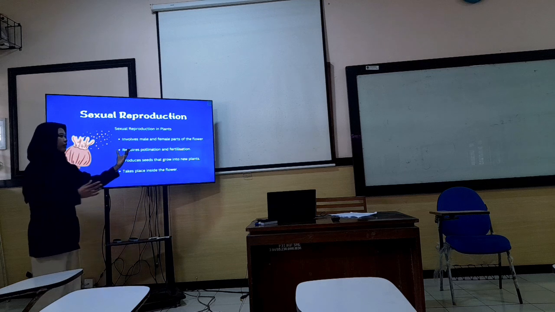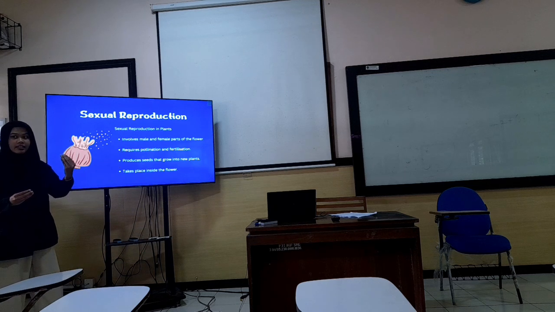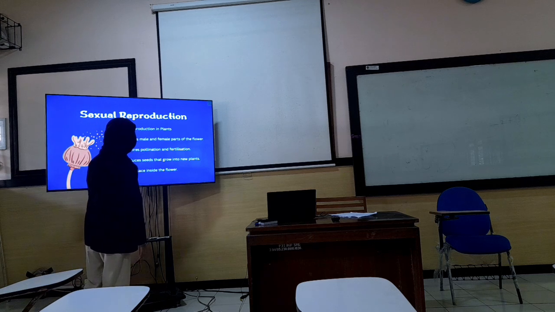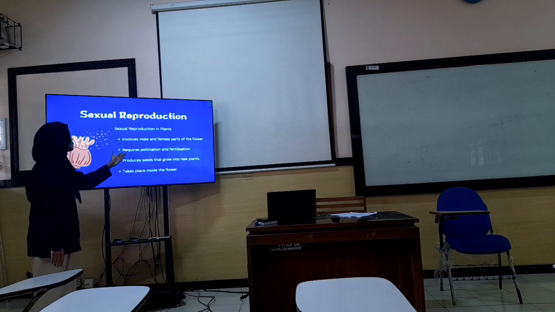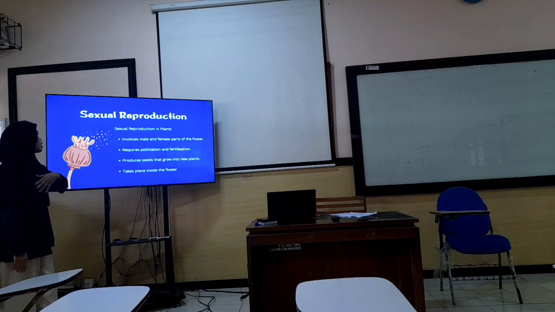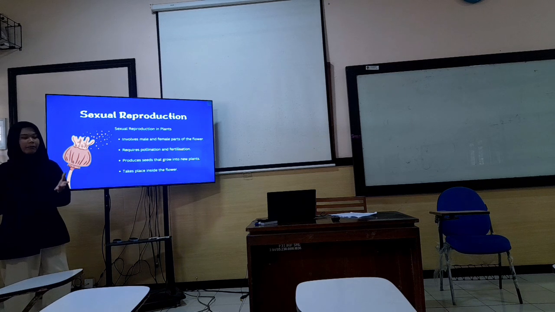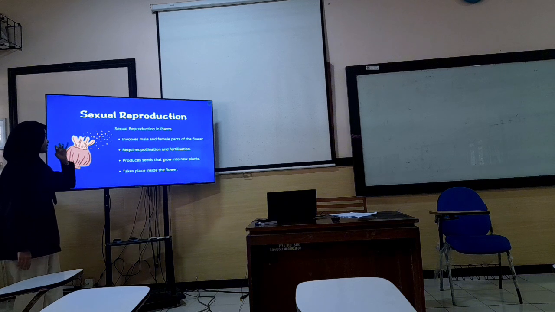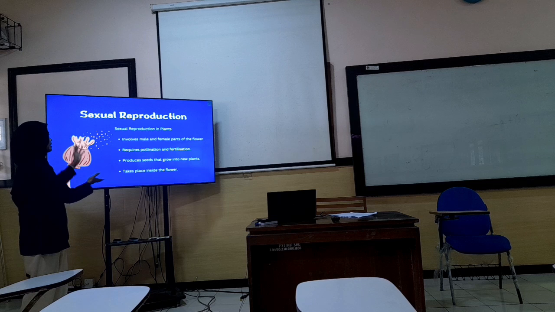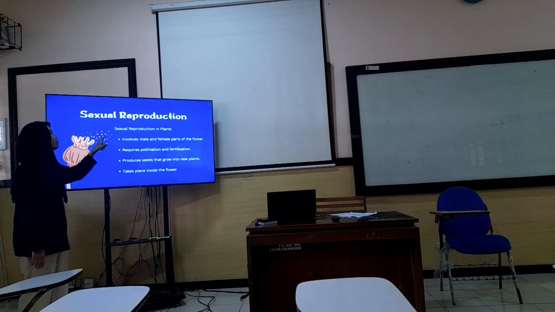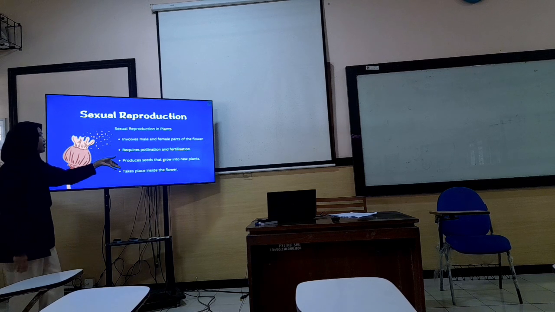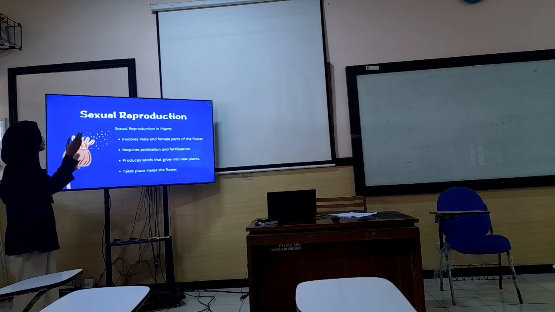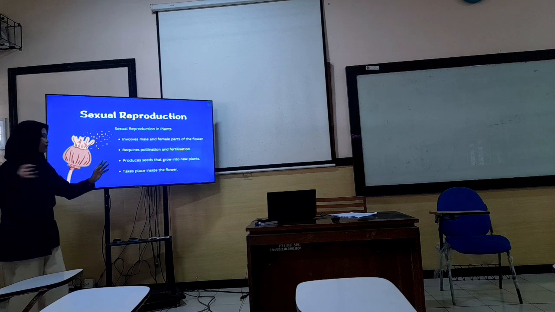Fertilization is the meeting of the egg and the sperm, right? It produces seeds that grow into new plants. Once fertilization happens, the ovule will turn into a seed. All of that, the meeting of male and female, pollination, fertilization, and the growing seed, happens inside the flower, okay?